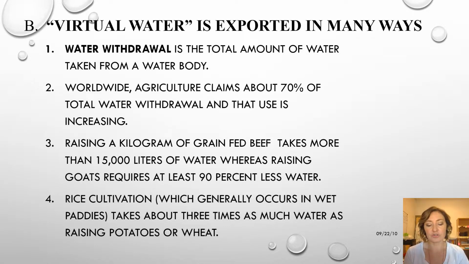So what we're essentially doing by growing alfalfa is tying up the water used to grow that alfalfa into those products, the milk, the cheese, the meat, and then we're sending it to another location. So water is still being withdrawn from California and moved elsewhere.